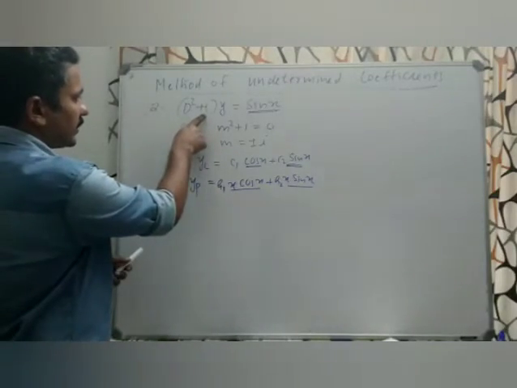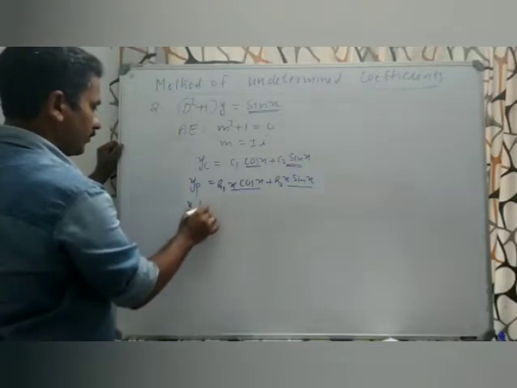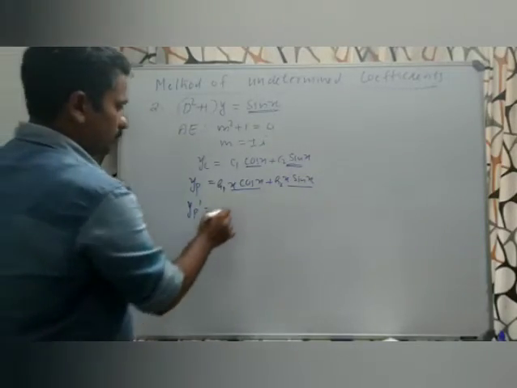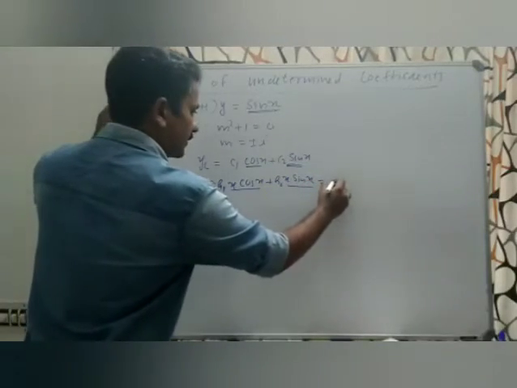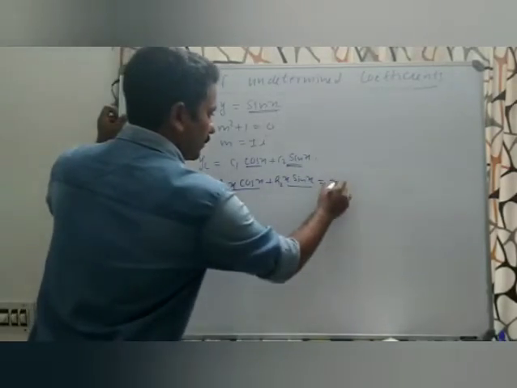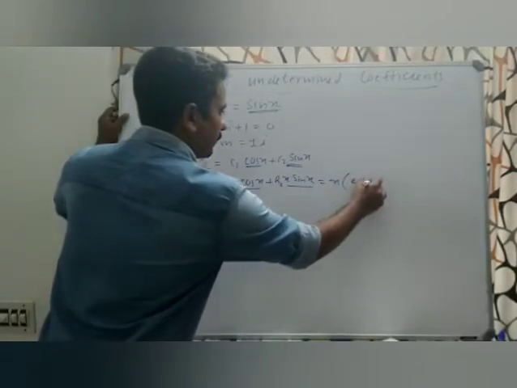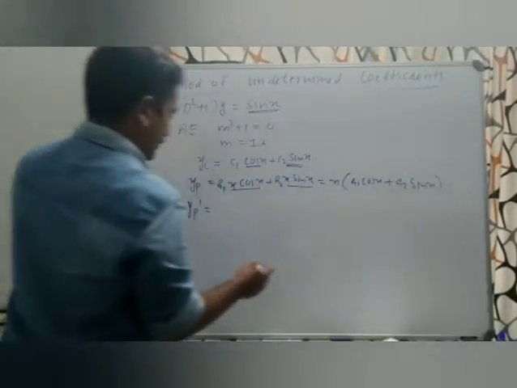Actually here we need only the second derivative, so yp dash is equal to x times a1 cos x plus a2 sin x.